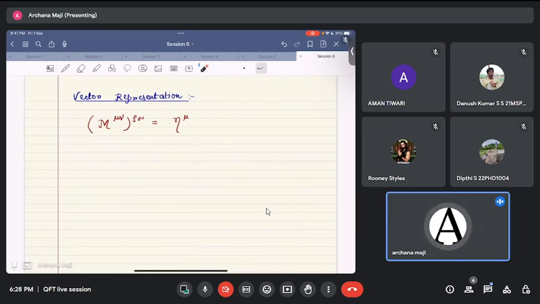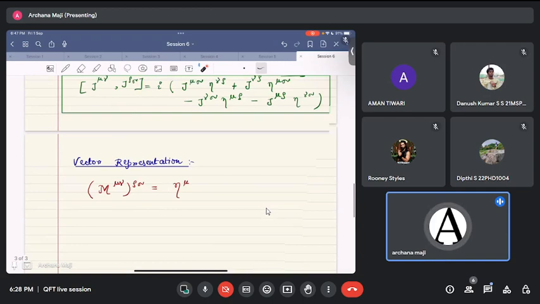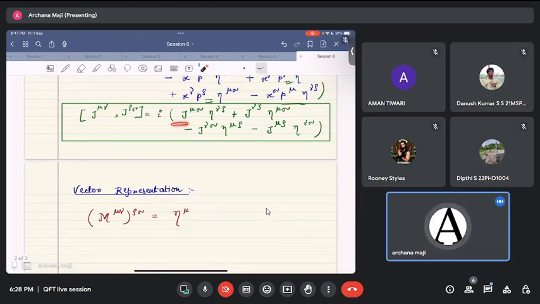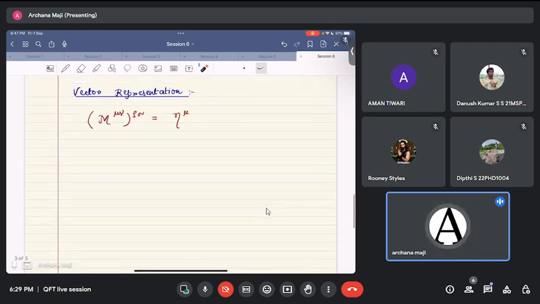So we are trying to write down a matrix representation corresponding to Lorentz transformation, which actually satisfies this commutation relation. Okay, so when you plug in this particular matrix in this commutation relation, it has to satisfy this. So that then only you can say that this is a representation corresponding to Lorentz transformation.